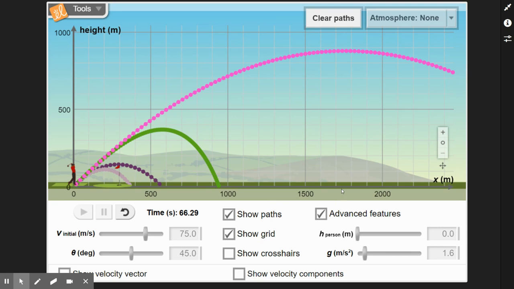So what two things really affect the driving distance on the moon? Light pink was on Earth with air, and on Earth with no air resistance is purple. Green is on the moon with air resistance, and this bright pink here is on the moon.